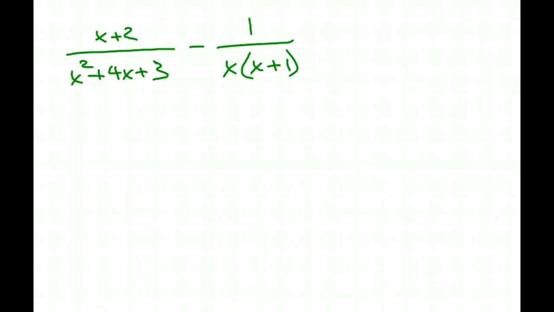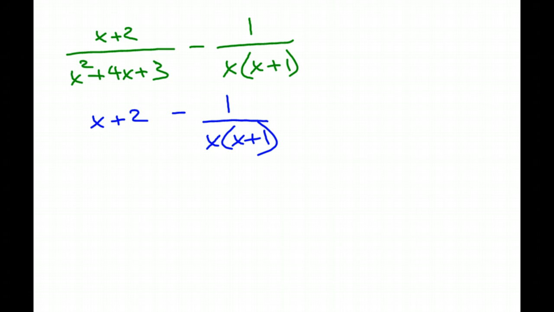Remember I said before you do anything, you always try to factor first. And that's what Erica was suggesting. So we're going to leave our x plus 2 alone, and our minus 1 alone, and x plus 1. But her suggestion was to see if we can factor that into two binomials. So go ahead and try that and see what you get.